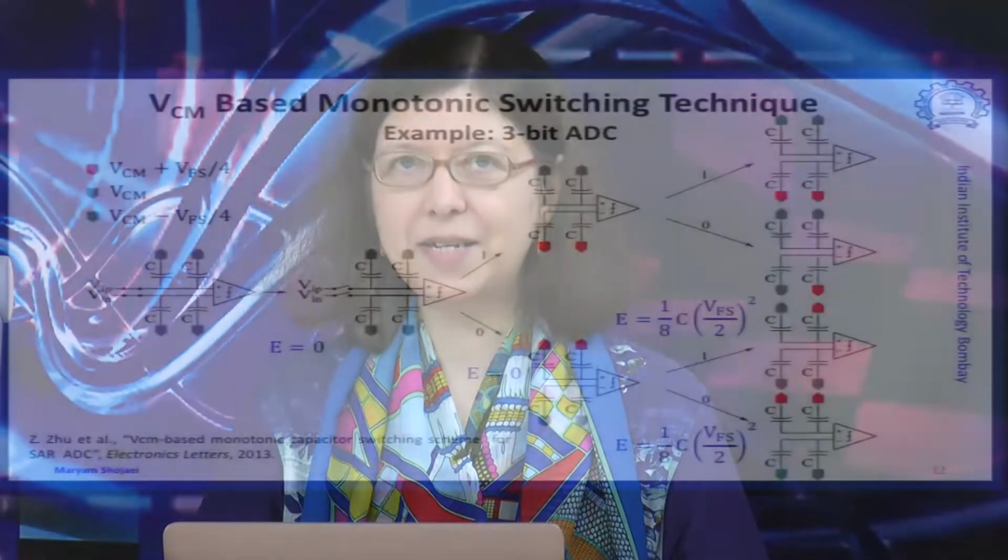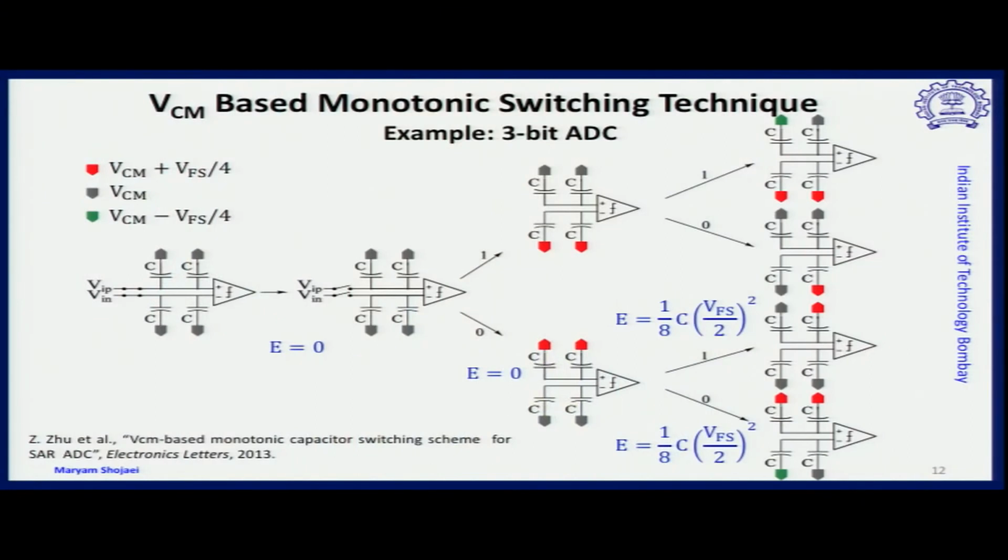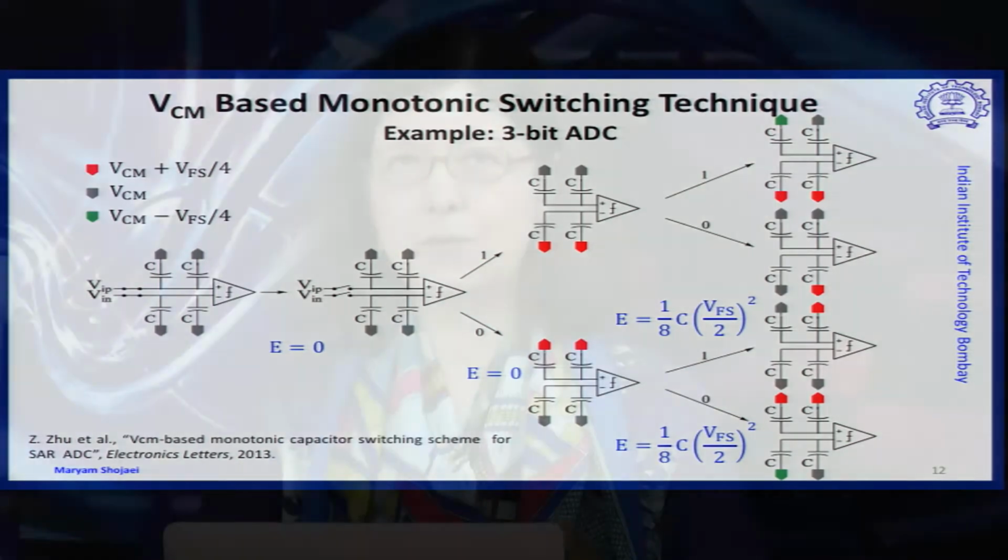So here, the technique takes advantage of even voltage switching, and therefore we need even less number of capacitors. So now capacitor 2C is also removed for a 3-bit ADC. So this technique not only reduces the energy but also reduces the area.